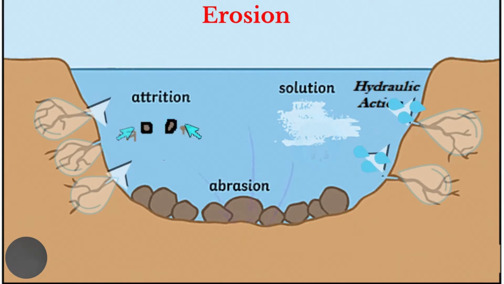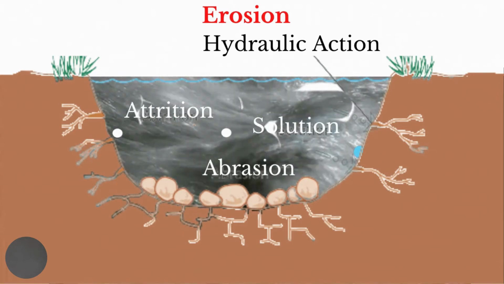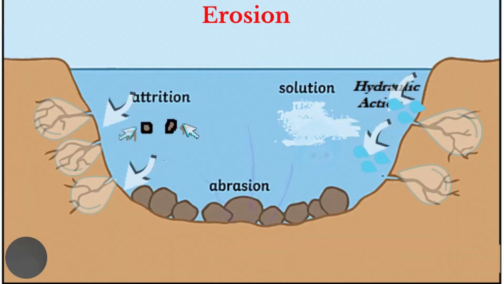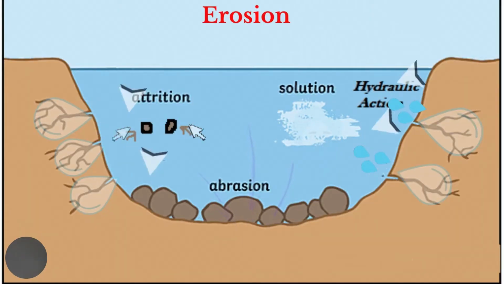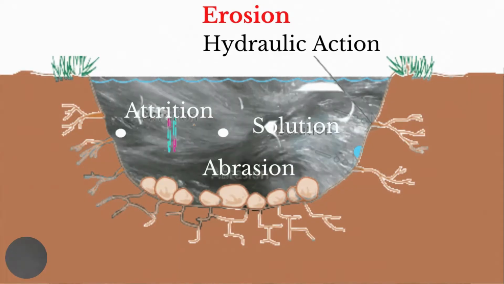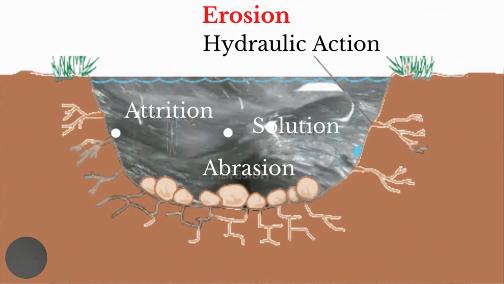Hydraulic action is different from abrasion in that it is not the materials which are the agents of erosion, but the force of the water itself, which causes the bed and banks and also the load to be worn down.